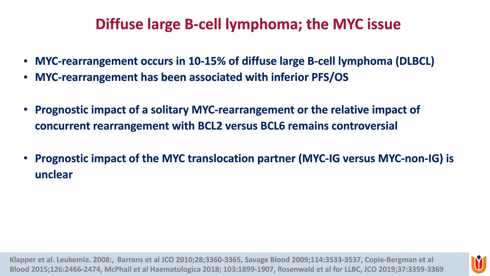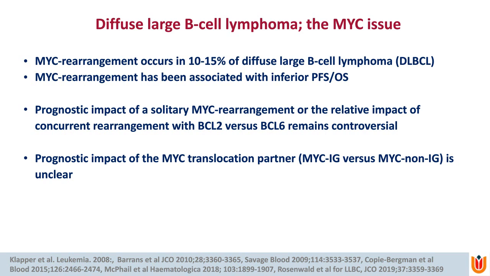However, the prognostic impact of single MYC rearrangement without other rearrangements is not clear, as is the combined MYC BCL2 BCL6 translocation status. Similarly, the impact of the translocation partner to MYC, either immunoglobulin or non-immunoglobulin partners, is unclear.